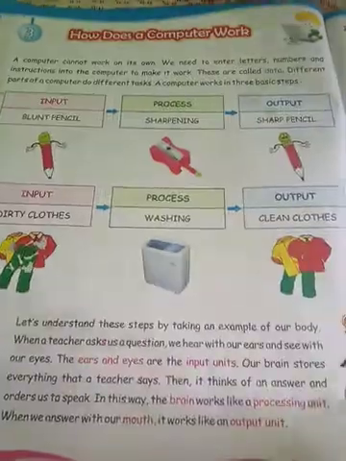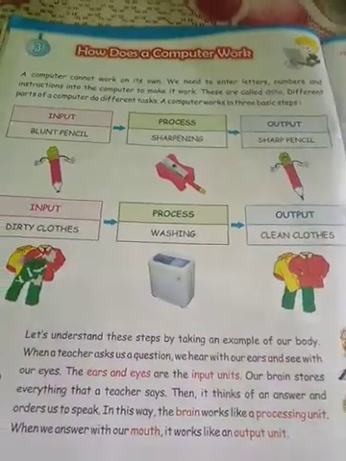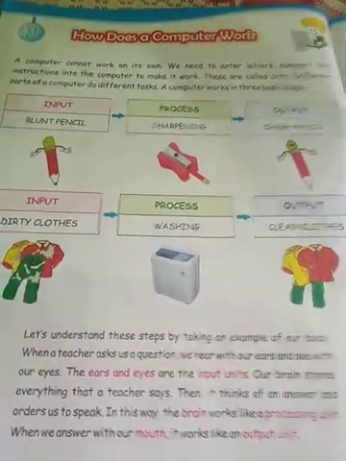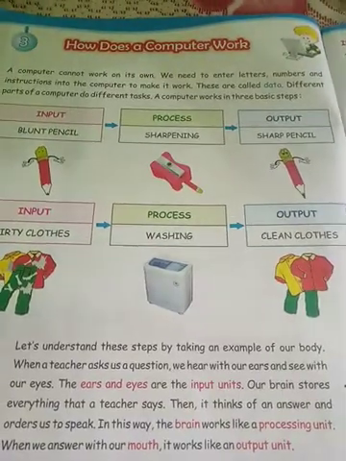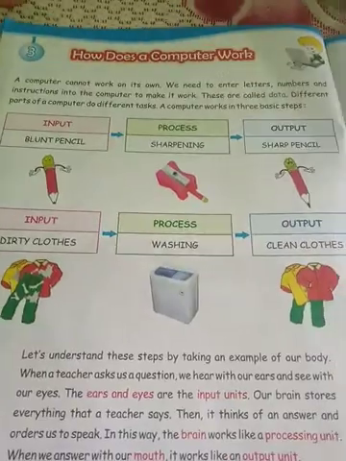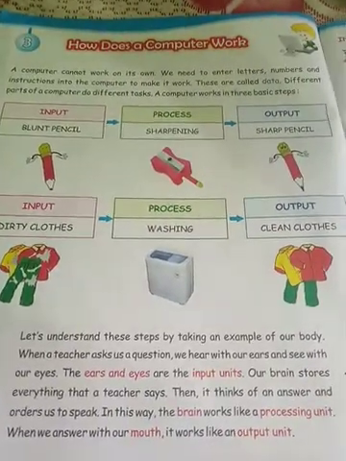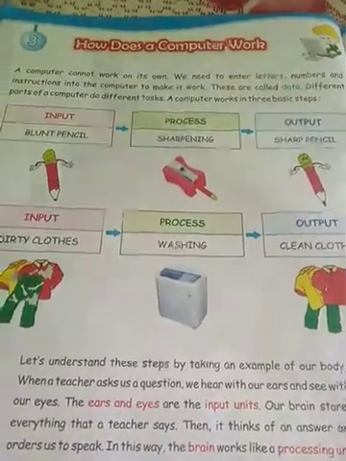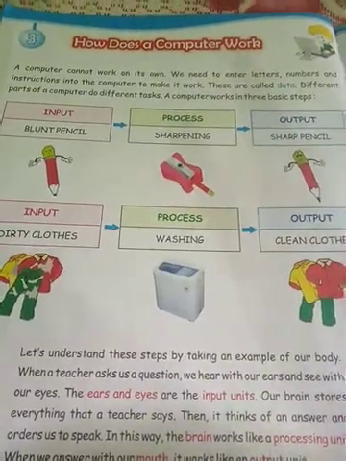Whatever you have listened to and seen has been stored in your brain. So the brain is a processing unit. Through that process, whatever you have stored, our brain processes it, and then we speak with our mouth. That is the output unit.